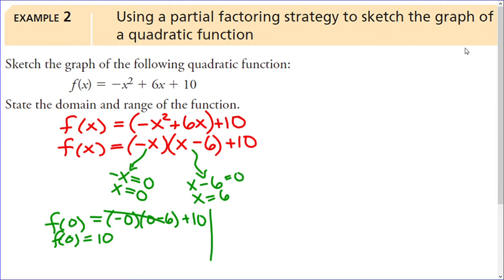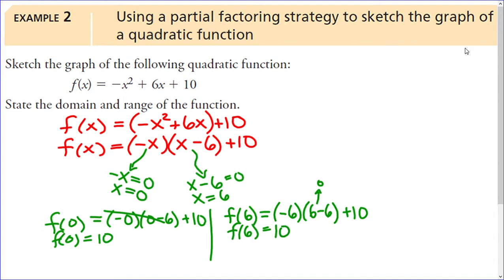And then if I do the same thing and plug 6 in, I'll have negative 6, and then 6 minus 6 plus 10. And 6 minus 6 gives me 0, so f of 6 is also going to equal 10. So I'm getting the exact same answer.